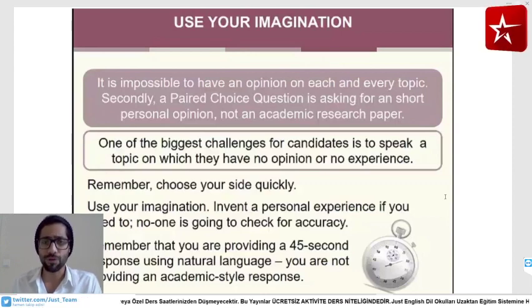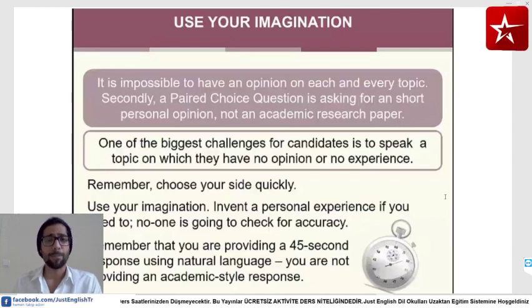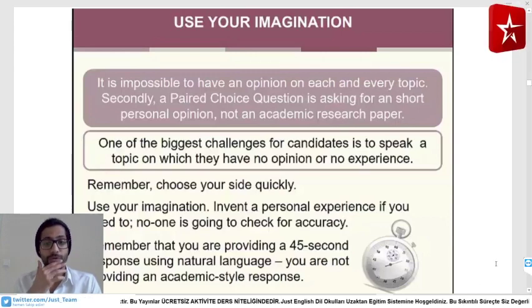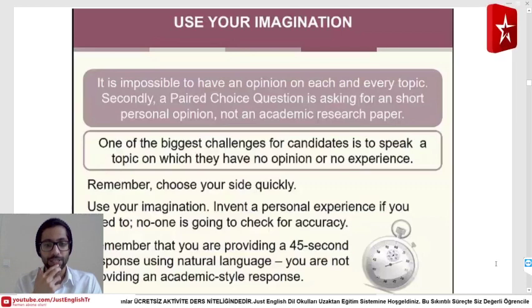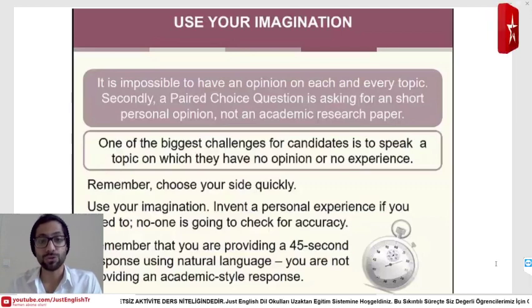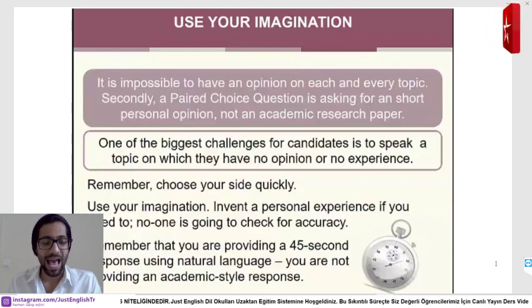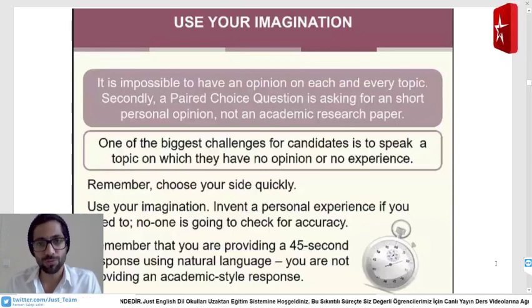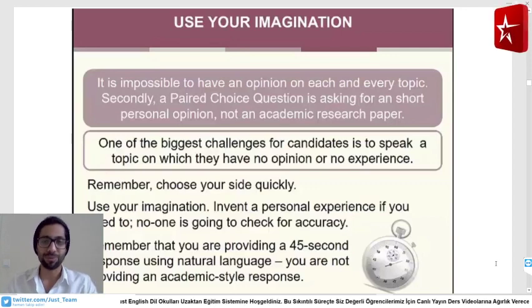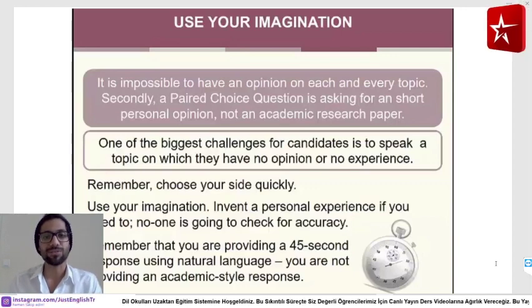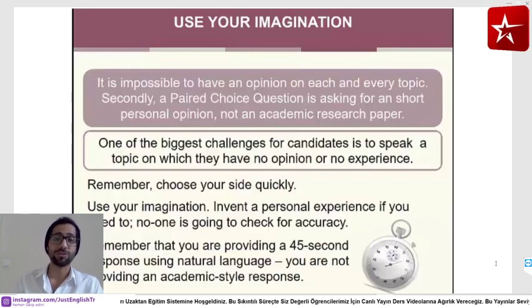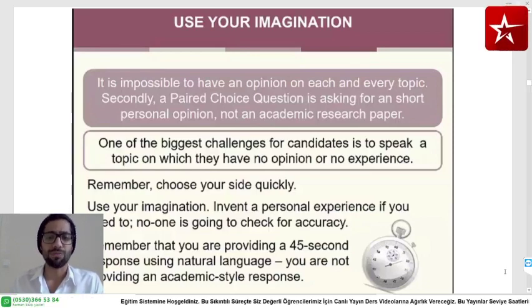Again, you don't need to focus so much on the details. Make your vision general. And it is also remarkably worth mentioning that you need to choose your side quickly, because as fast as you choose, as fast as you will prepare in the template, and also as fast as you will cover your 1 minute of answer, or 45 seconds, we're talking about per choice.